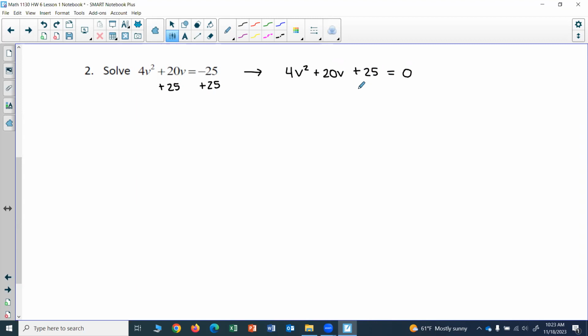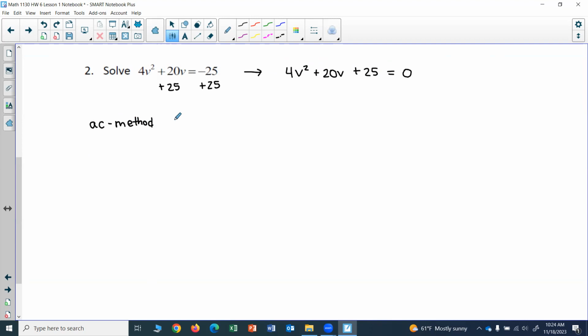Now, following our normal factoring methods, first I would look for a greatest common factor. 4, 20, and 25 do not share a common factor other than 1, and so I cannot factor any number out. Because I have a digit that's not equal to 1 in front of my squared term, I'm going to go ahead and use the AC method for factoring.